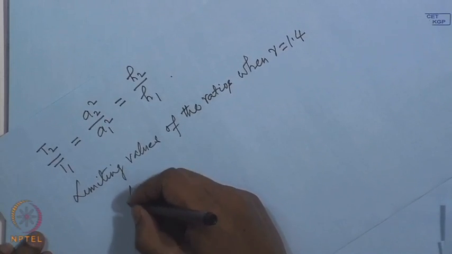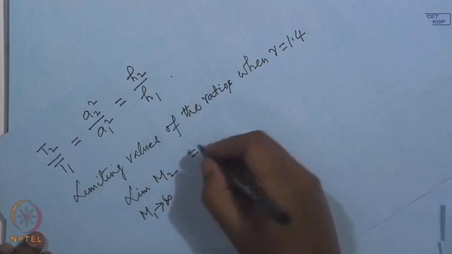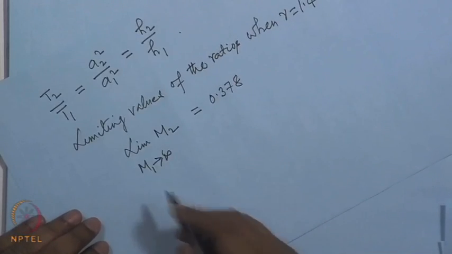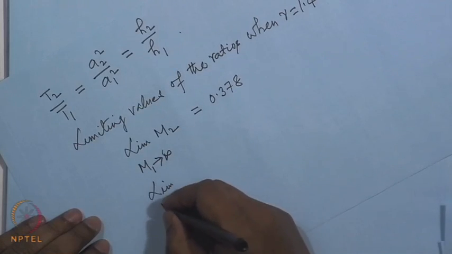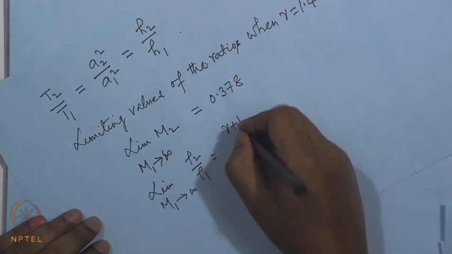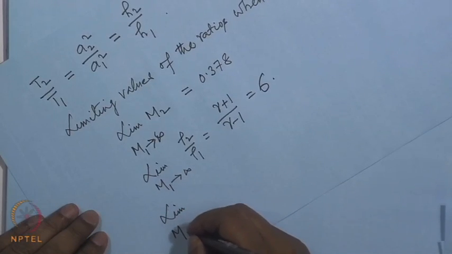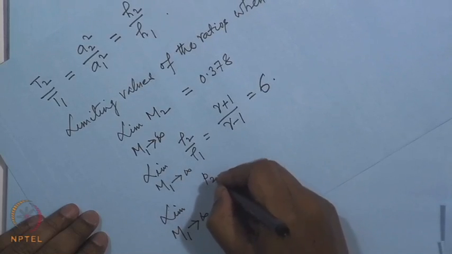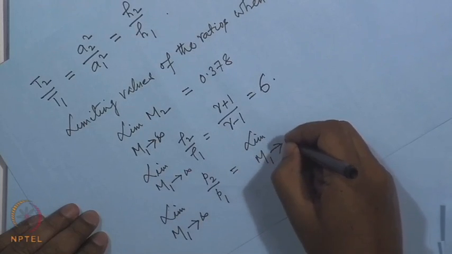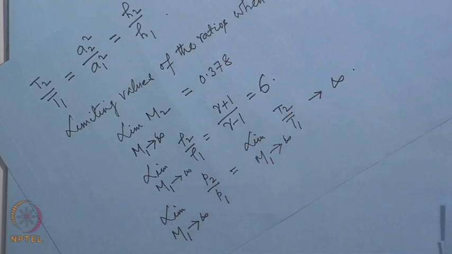We have already seen that M2 as M1 approaches infinity is 0.378, and the density ratio approaches a very high value.